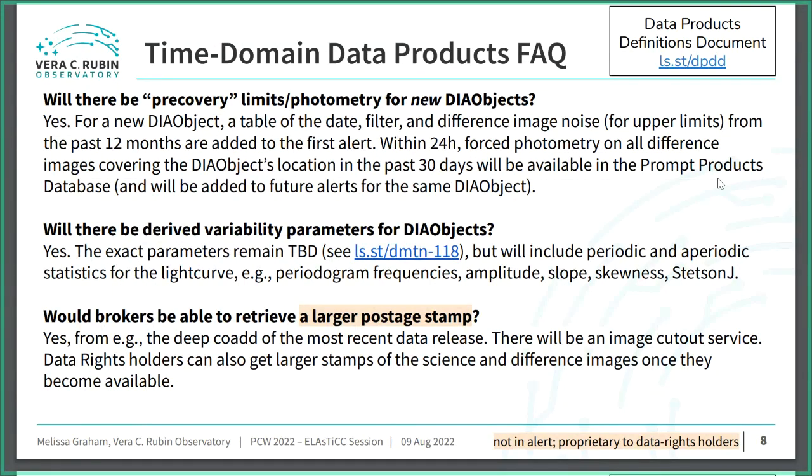I don't know what the maximum is going to be on that image cutout service, but about the size of a patch or at least a single CCD. So data rights holders can get those larger stamps of the science and difference images once they become available during the prompt time, which we heard earlier today.